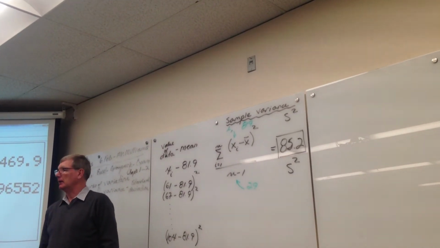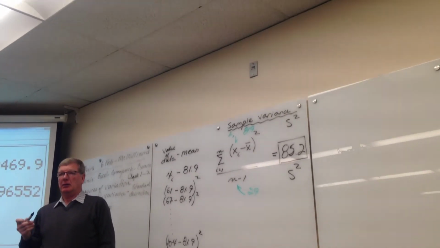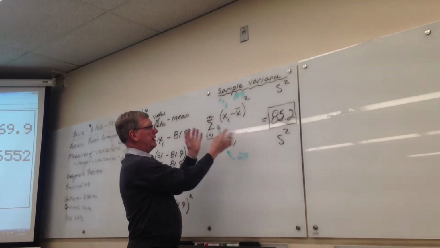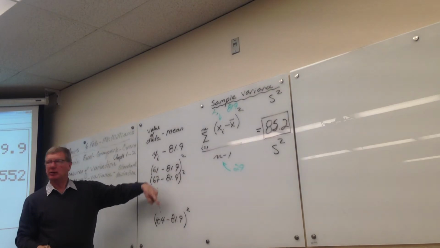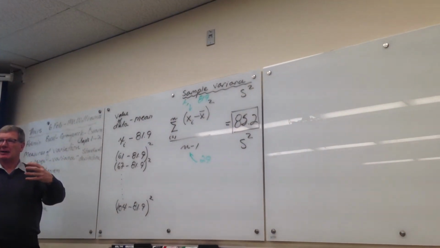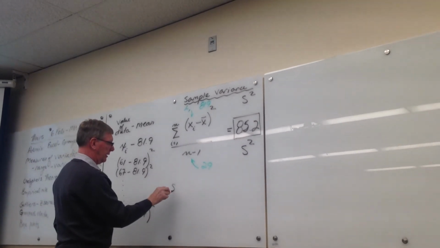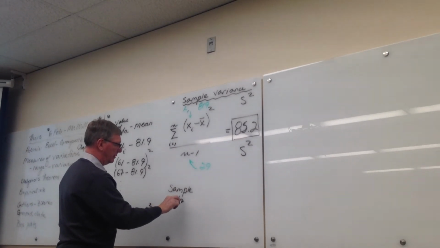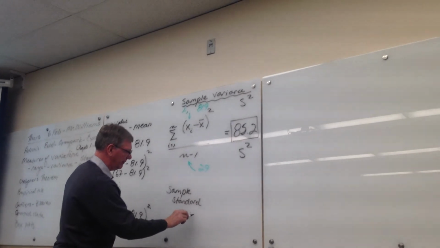Questions on how we got there? Now, we have the sum here, but if you recall, when we got that, we squared all these things as part of the process. So now we come back to our real measurement, and we take the square root of S squared, and that's called the sample standard deviation.